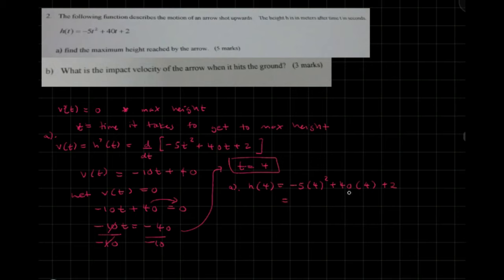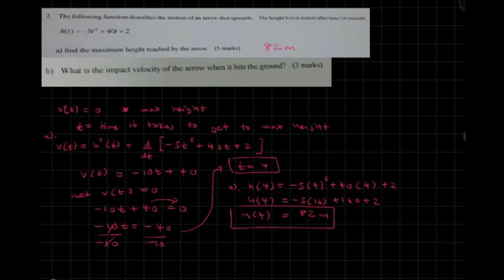If I calculate this, you get negative 5 times 16 plus 160 plus 2, and this gives me 82 meters. So h of 4 is 82, and that means that the maximum height occurs at 4 seconds, and the maximum height is 82 meters.